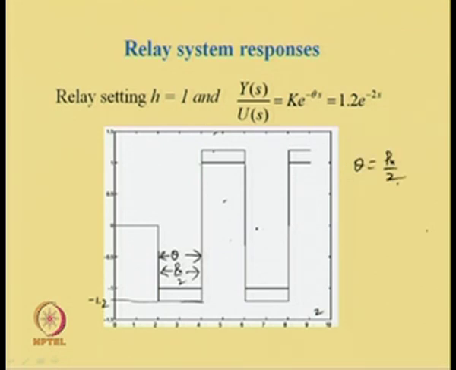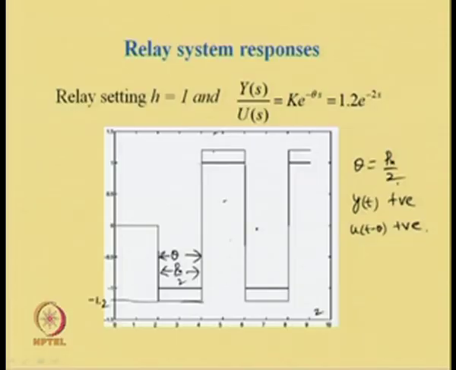The main reason is that whenever the output y(t) is positive, u(t - theta) is also positive. In this case we do not have two piecewise linear inputs to the system during half period of the output of the system. So we have this relationship, theta equal to Pu/2.